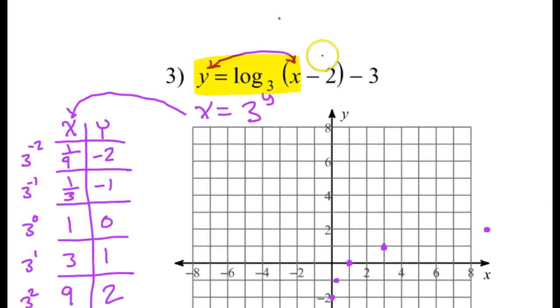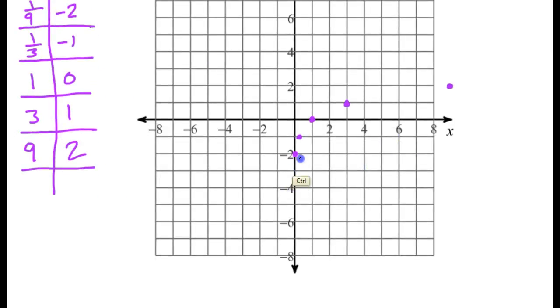So, because of the -2, I know the graph is moving right 2. Because of the -3, the graph will move down 3. So I'm going to move everything right 2 and down 3. So right 2 and down 3.